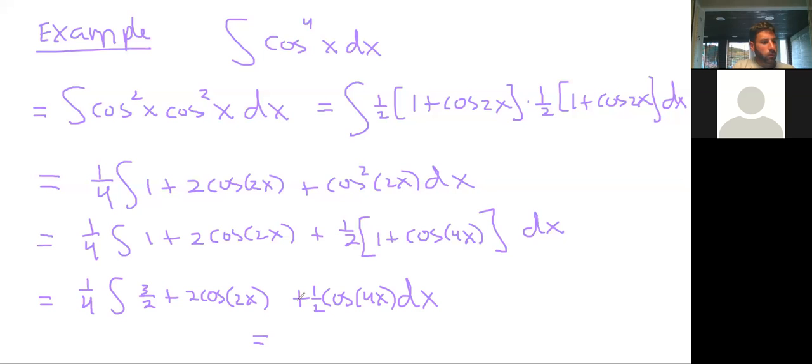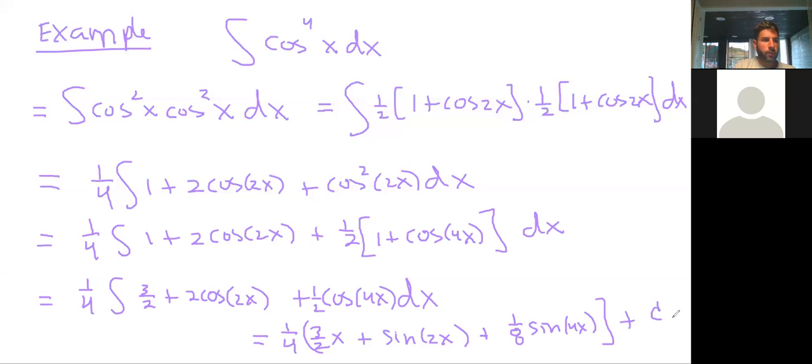What does this equal? It's 1/4. The integral of the first is 3/2 x. The integral of the second is sine of 2x. And then the integral of the third is plus 1/8 of the sine of 4x.